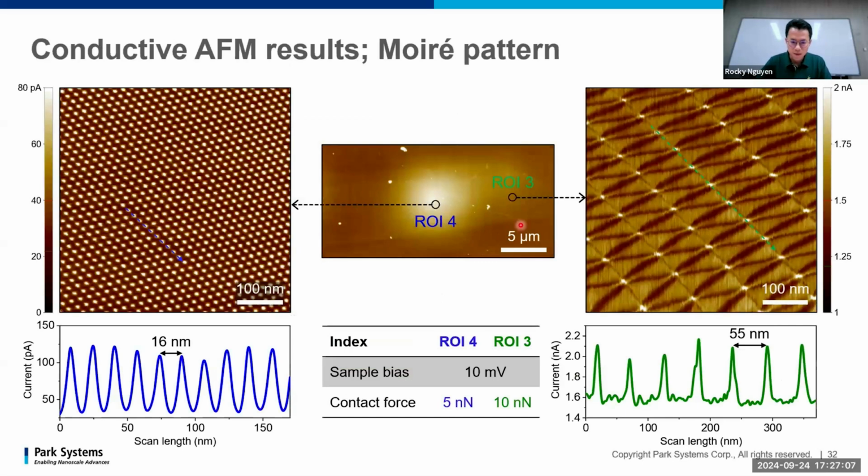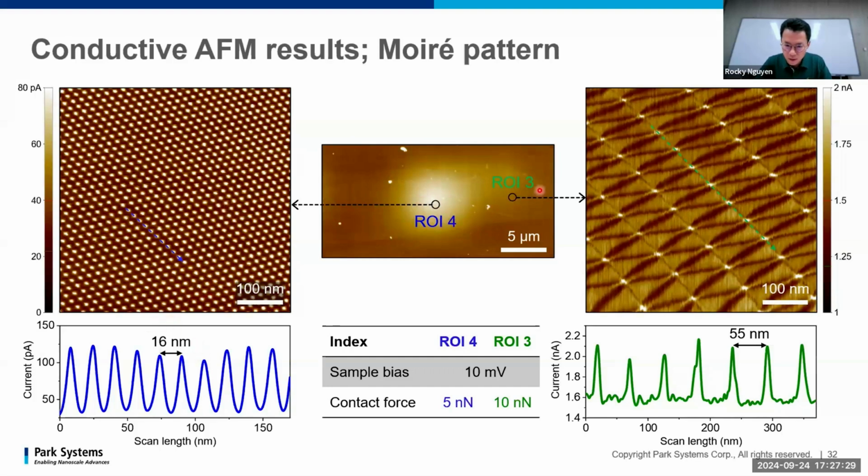So I also did a zoom-in measurement at a higher magnification to investigate the Moiré pattern on the twisted graphene layer. You can see on the RY4 at the very top, we have this shape of the pattern with a periodicity of about 16 nanometer.